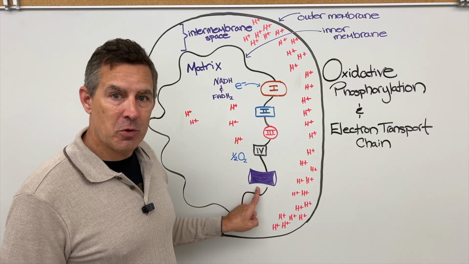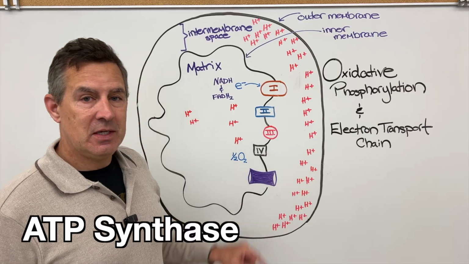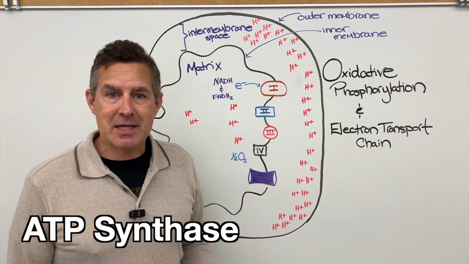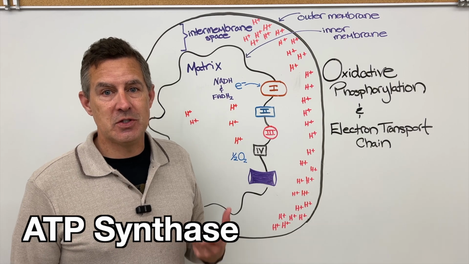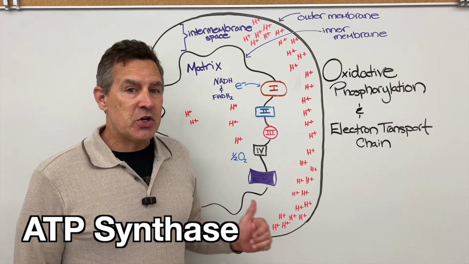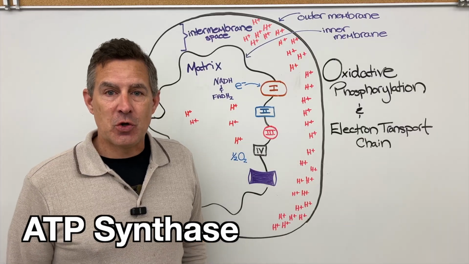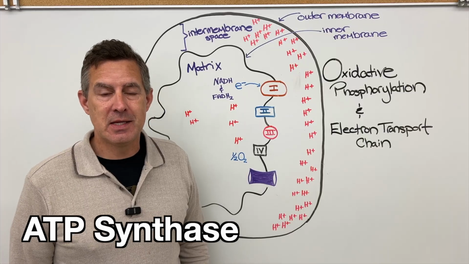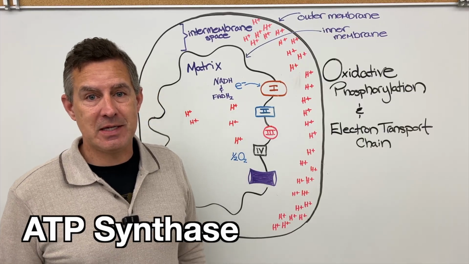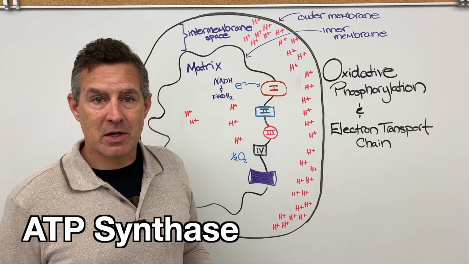This right here in purple is ATP synthase. Once again, because it has the suffix ASE, that's indicating to us this is an enzyme. This should not be confused with ATPase. We've talked about the sodium-potassium ATPase, the calcium ATPase, the hydrogen-potassium ATPase, and the potassium ATPase in the beta cells of the pancreas.